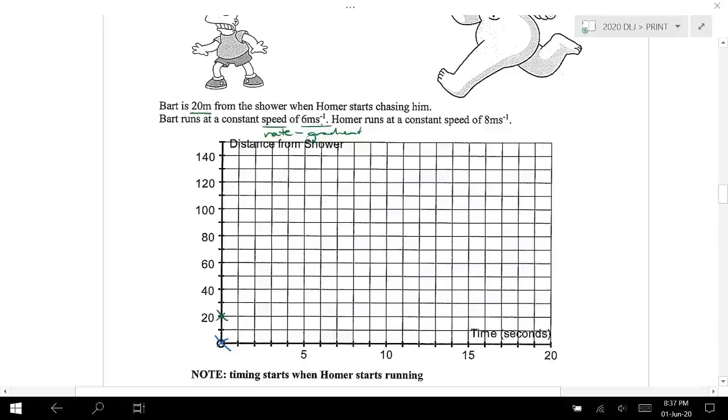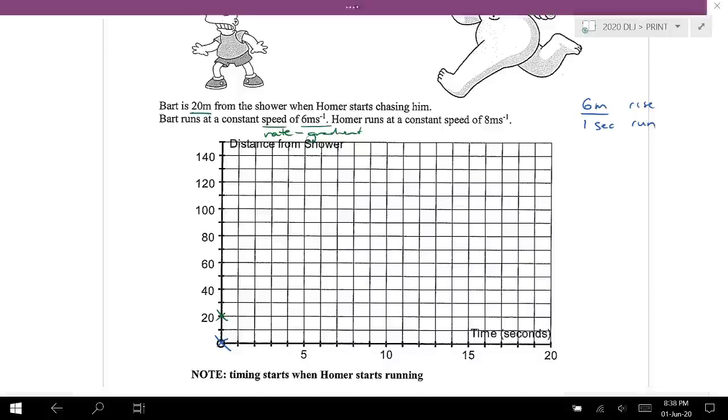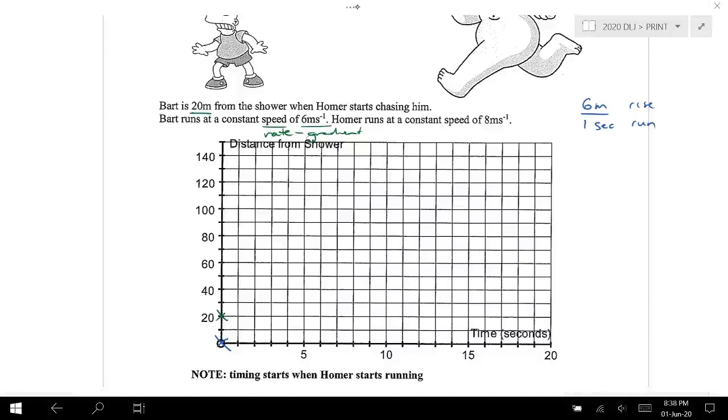So that's where they both start. 6 ms minus 1 means 6 meters per second. So 6 meters per 1 second. So you can think this is your rise, this is your run. So if we wanted to do it every 5 seconds, we can multiply the top and bottom by 5. So we're going to get 30 meters for every 5 seconds.